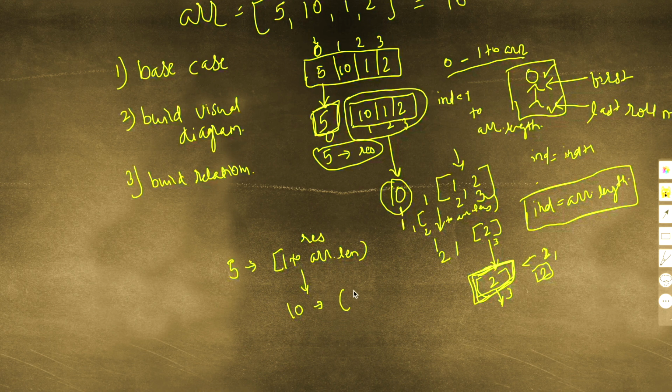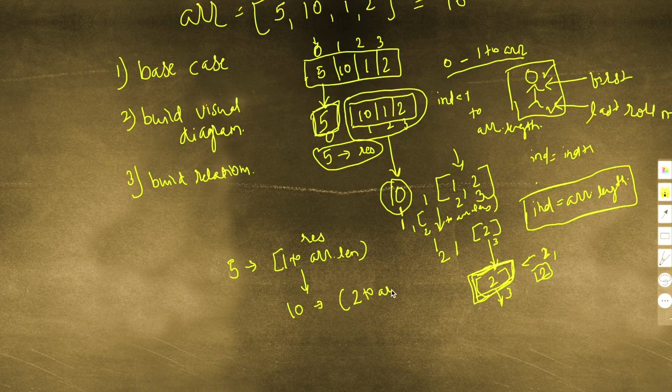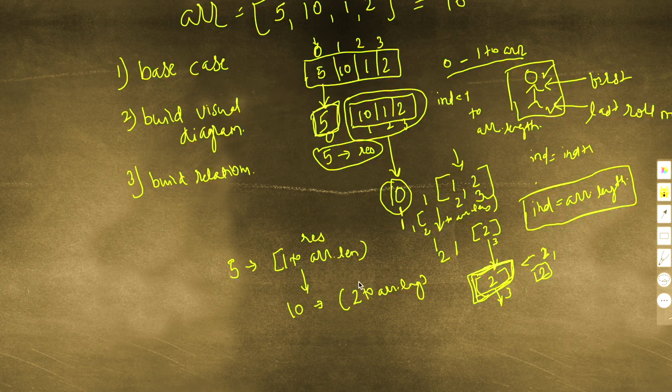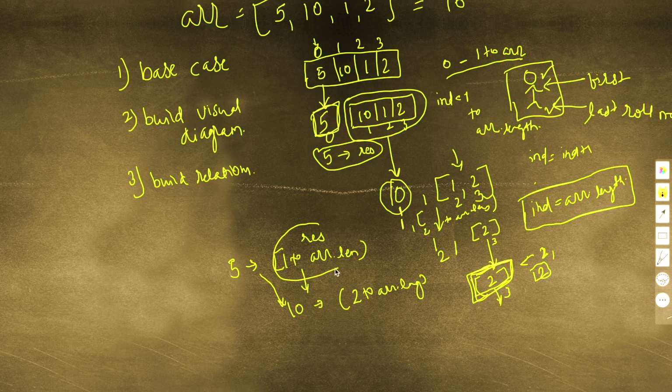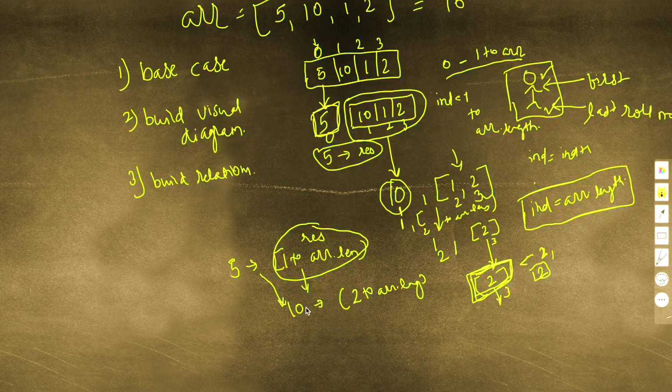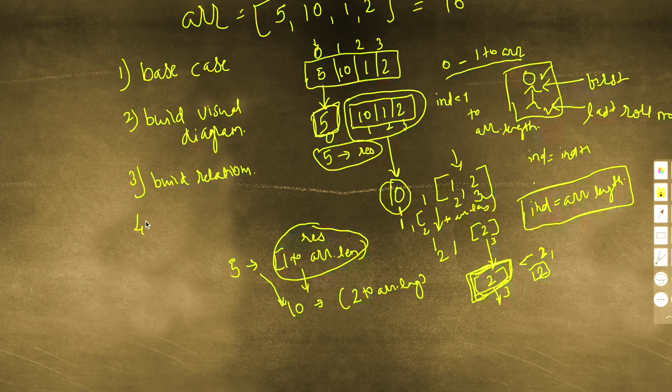I will ask the recursion to bring from 2 to array.length. Once I get the result I will compare with 10 and update my max. Okay, so the relation is pretty simple: bring the result from the subarray, compare yourself with that, and update the max. Fine. Okay, so let's move to the next step, that is code it.